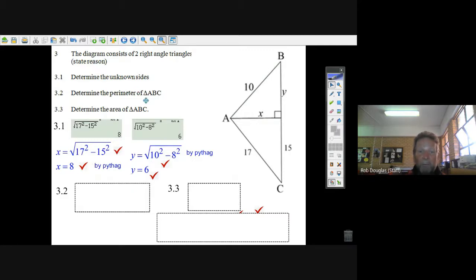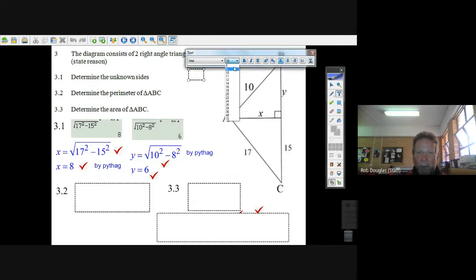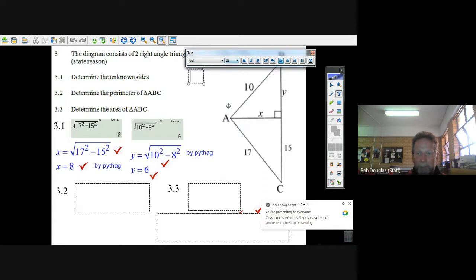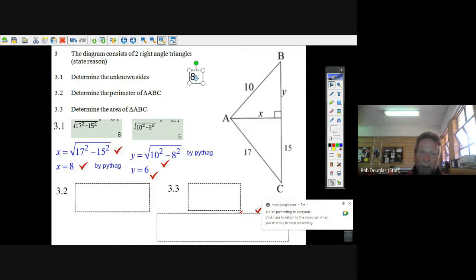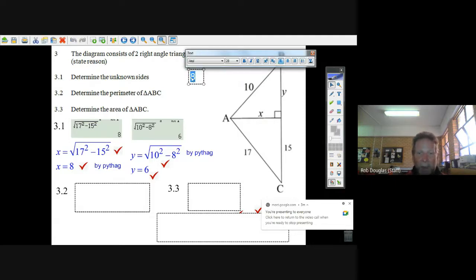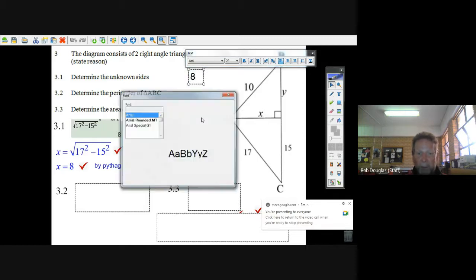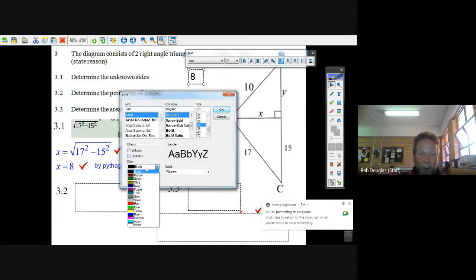Now it says, find the perimeter of this shape. Well, let's just take a look at this here. We figured out one side was 8. I like to write it in when I do the question: when you figure out a part, just fill it into the diagram so you can keep track of what's going on.